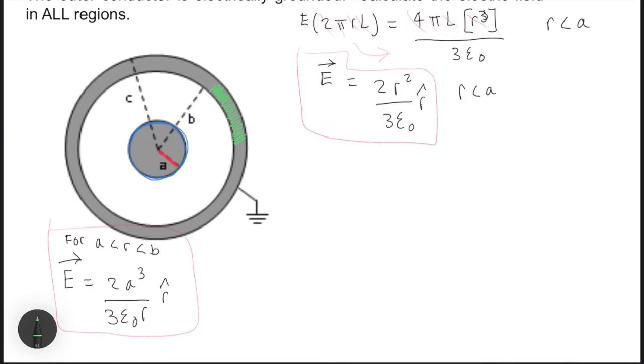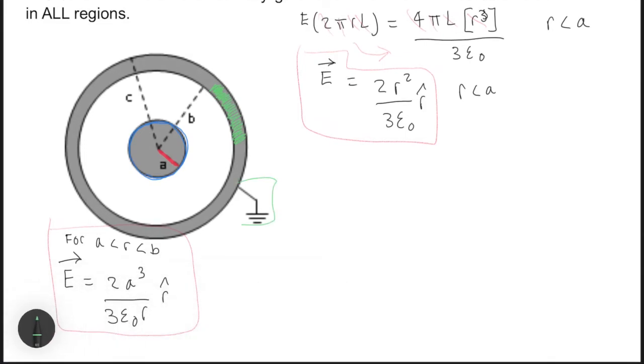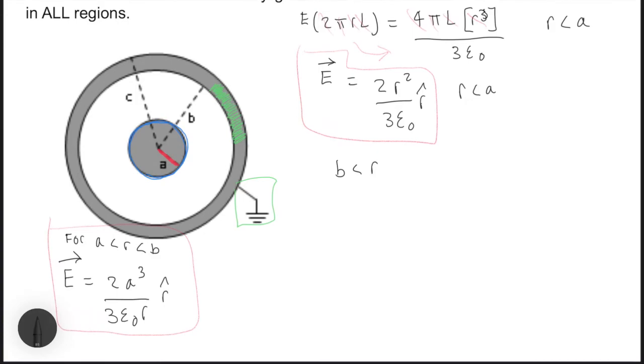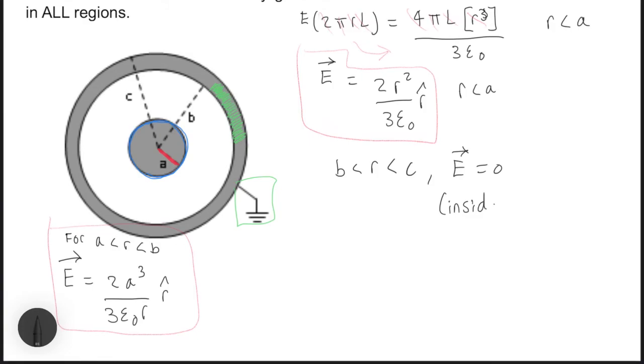Without applying an external power source, there's no electric field inside of a conductor, and there's none on the outside, simply because this is being grounded like this. So our final answer for b less than r less than c, our E field would equal 0. And that's because this is inside a conductor.